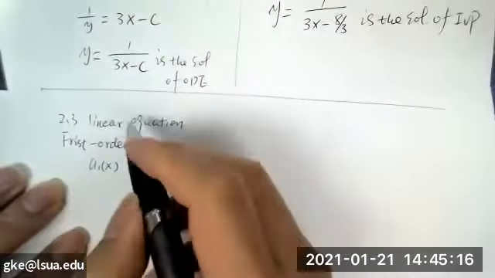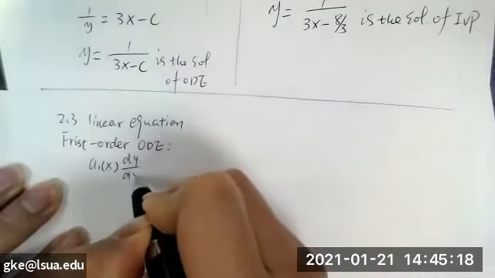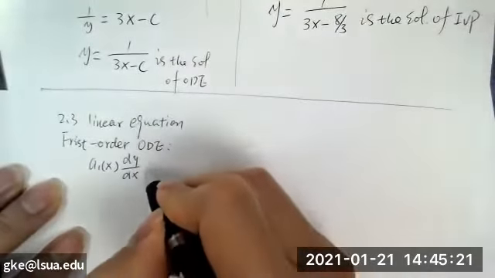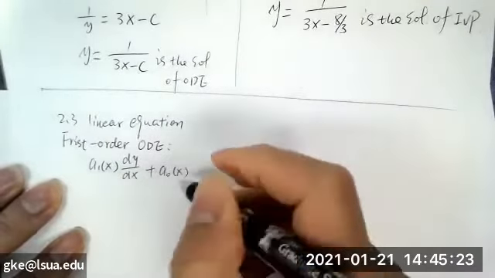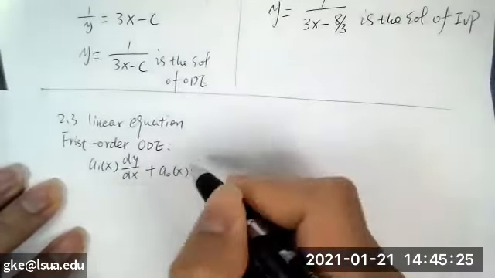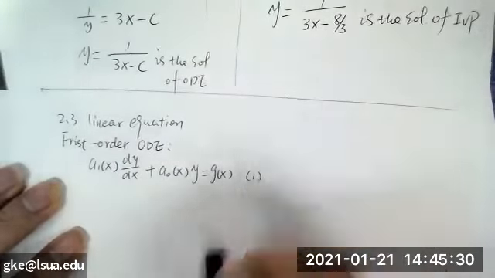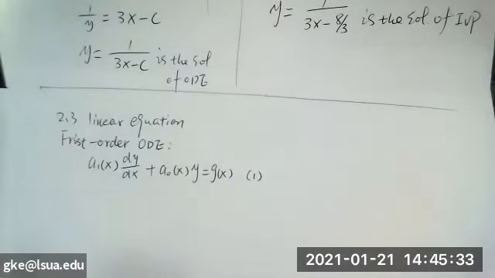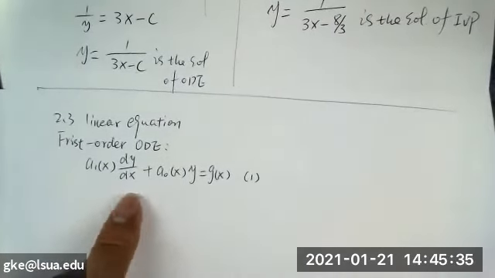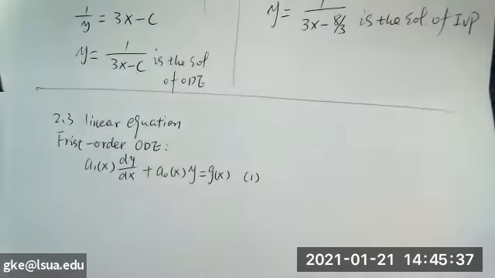a1(x) dy over dx plus a0(x) y equals g(x). We call this first order ODE. And of course, people want to transform this first order ODE into standard form.